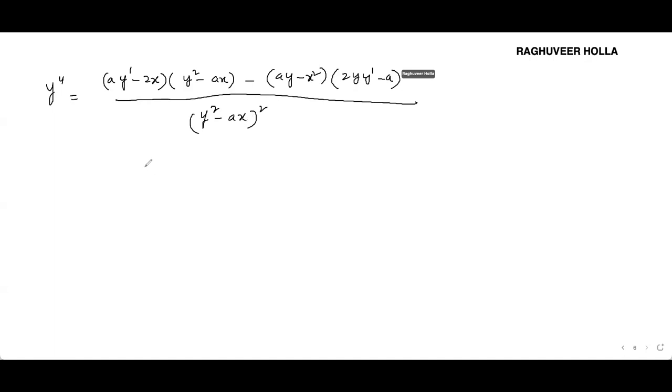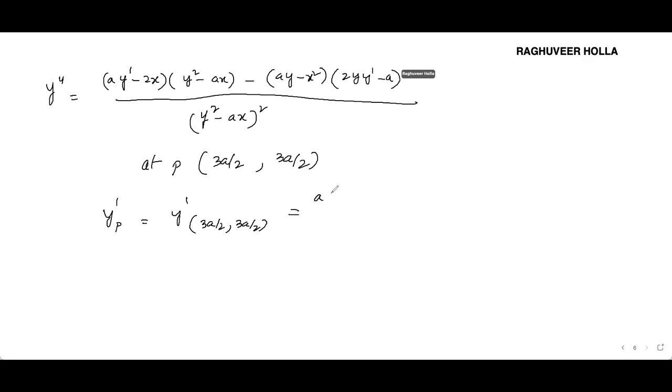Now at p, which is 3a by 2 and 3a by 2, so y dash at p, which is y dash at 3a by 2 and 3a by 2, let us substitute it.